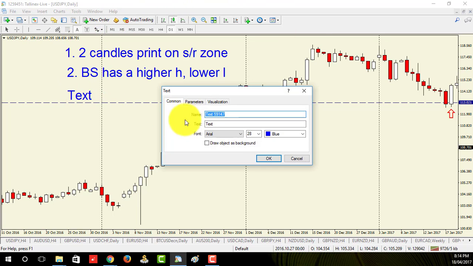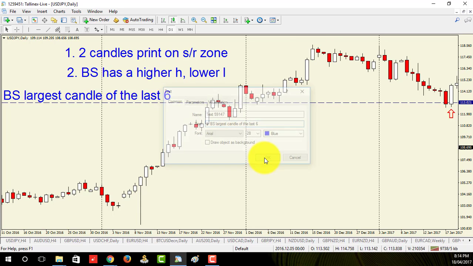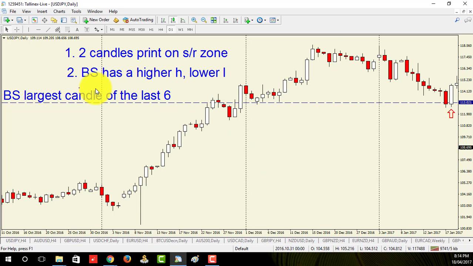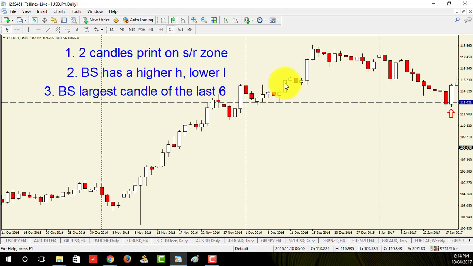Okay? Number 3. The big shadow is the largest candle of the last 6. It could be the last 10, it could be the last 7, it could be the last 20, whatever. It needs to be a big candle relative to the other ones. And so the only one here that would even come close would be this one.